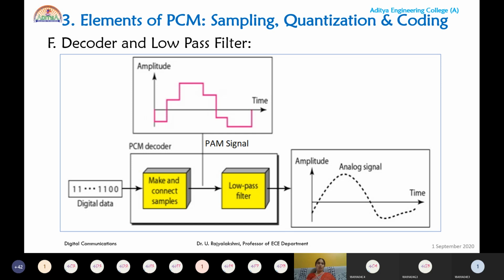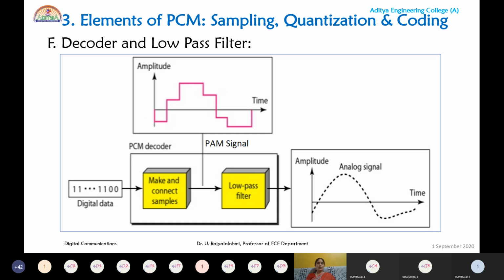The same voltage is held until the next sample or next frame arrives. Here a frame is nothing but the sample. If a new sample arrives, the decoder converts that sample value into analog voltage, and that voltage is held until the next sample arrives.